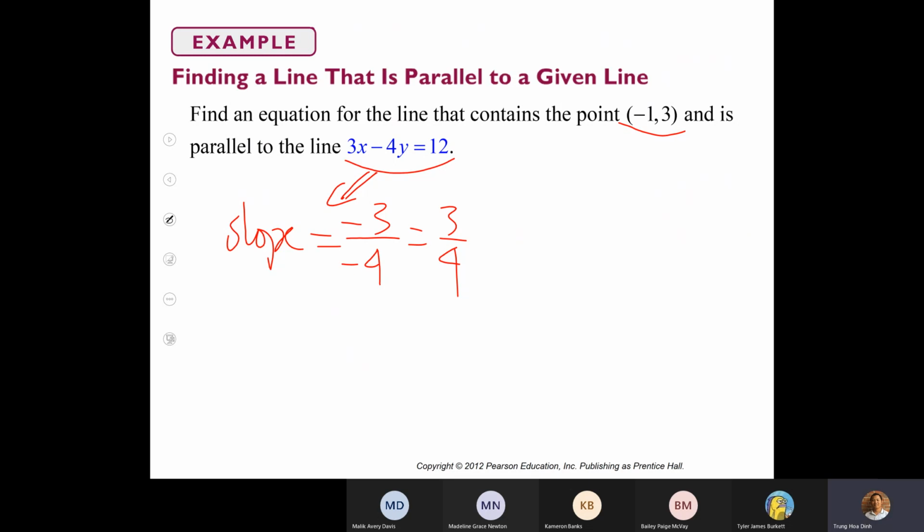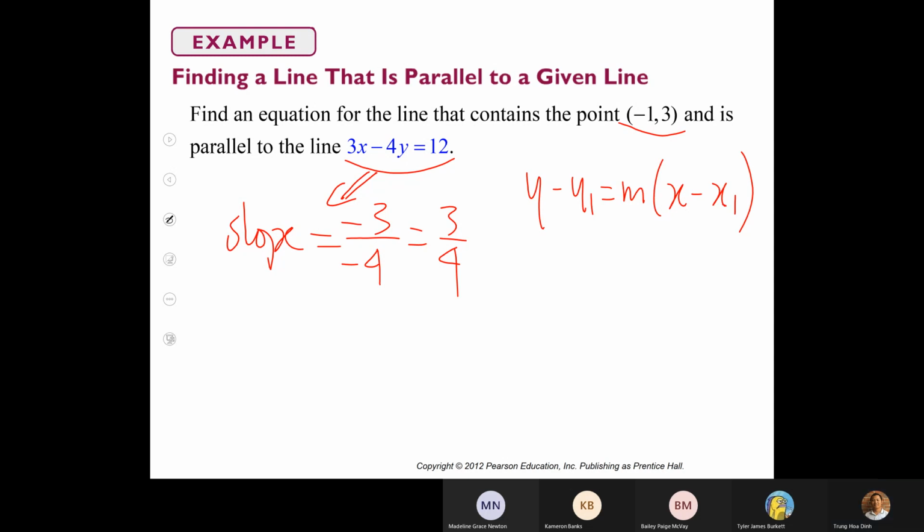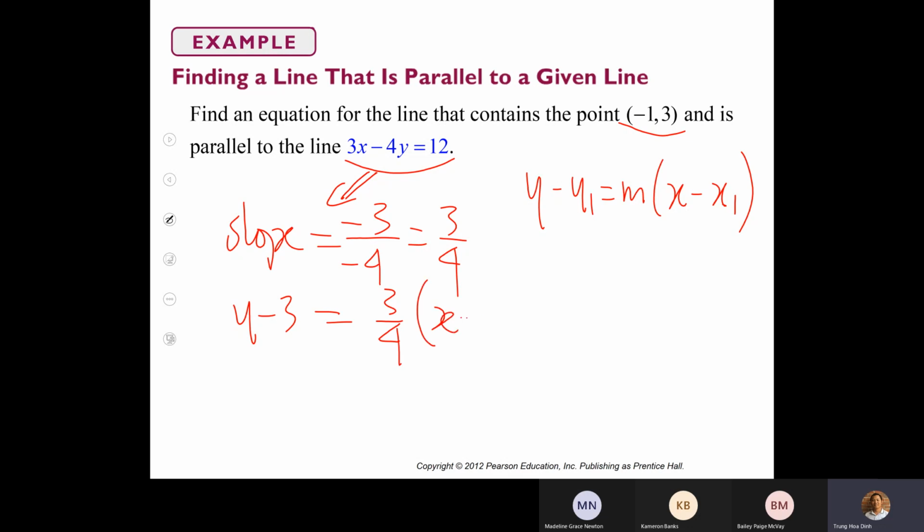Does that make sense? Now you have slope, you have a point. You can use the general equation, y minus y1 equal to m times x minus x1, and you get the equation of that straight line. So I get y minus 3 equal to, the slope is 3 over 4, times x minus -1.